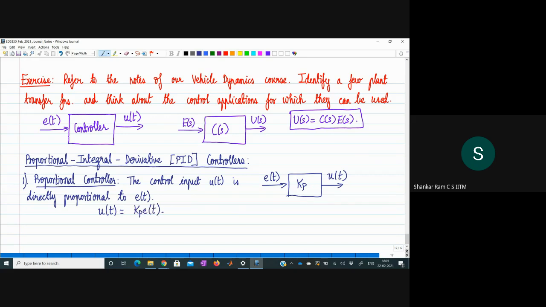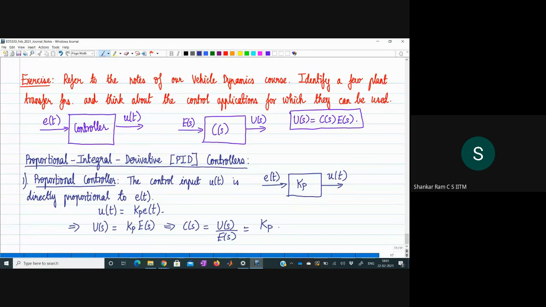So if you take the Laplace transform, U of s equals Kp times E of s. This implies, what will be the corresponding controller transfer function, U of s divided by E of s? In this case, it will be just Kp. That's what we will have.